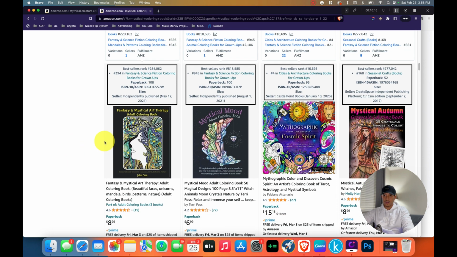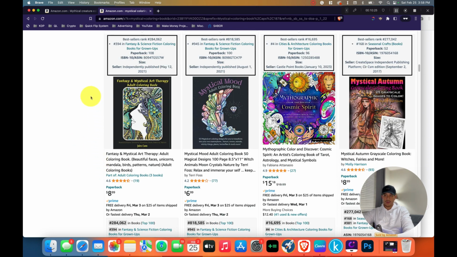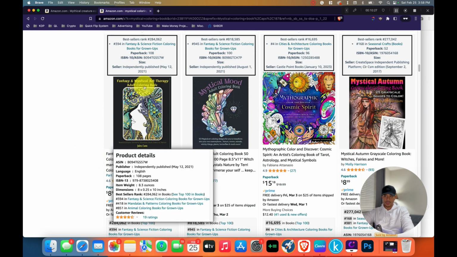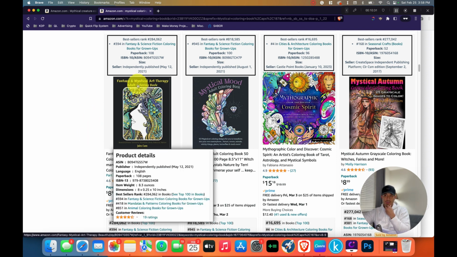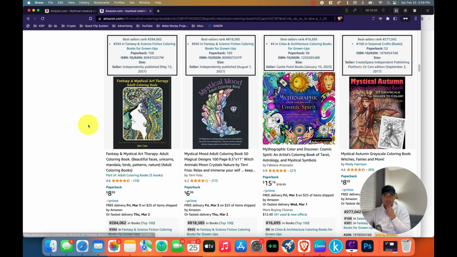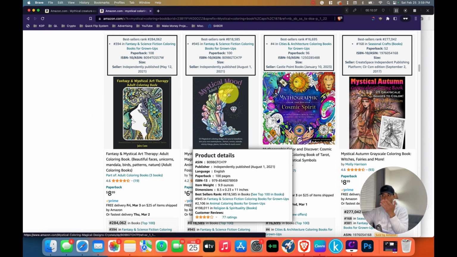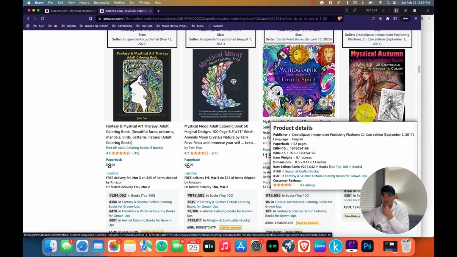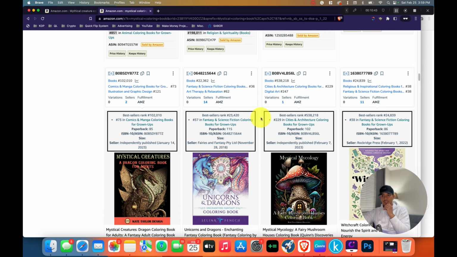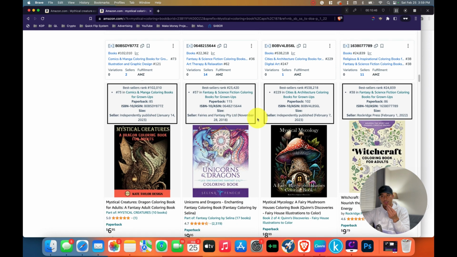And then right here, we see our very first mystical coloring book. Now this one is targeted towards adults. So now that I see that, I see another one, a mystical mood adult coloring book, a mystical autumn coloring book. And I'm starting to think in my head, what if we target mystical coloring book for kids?